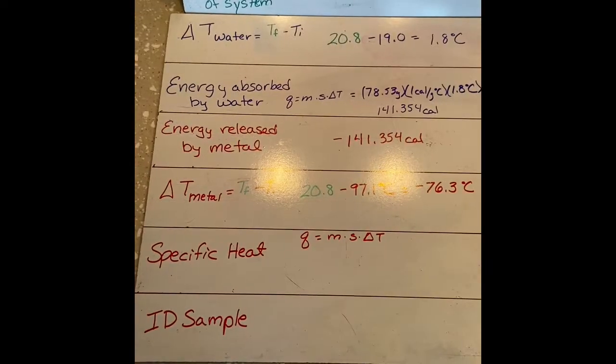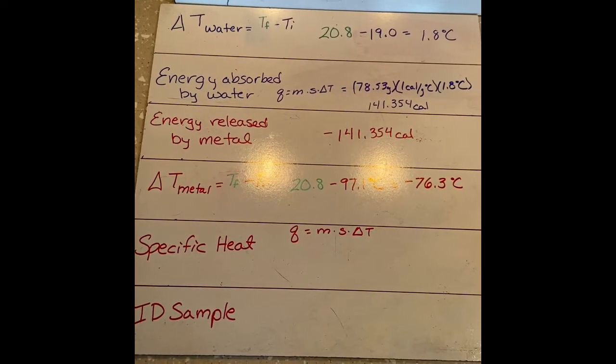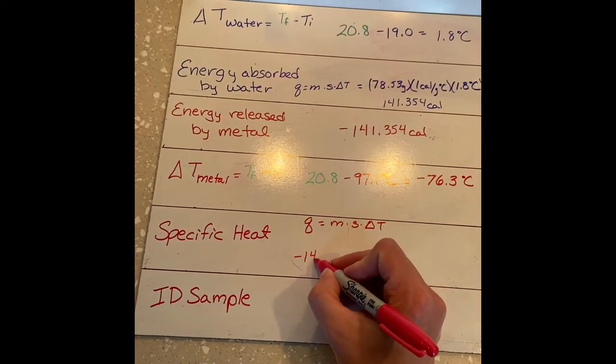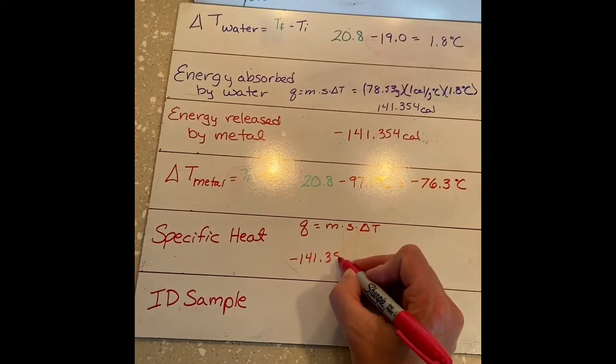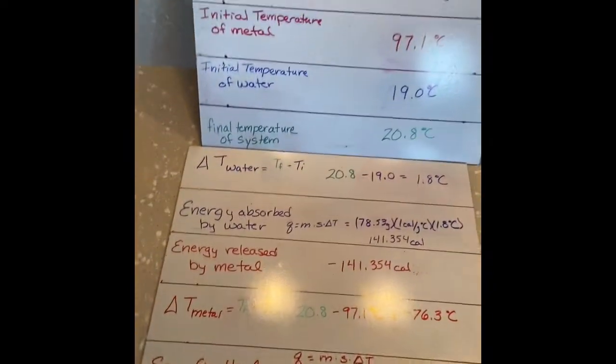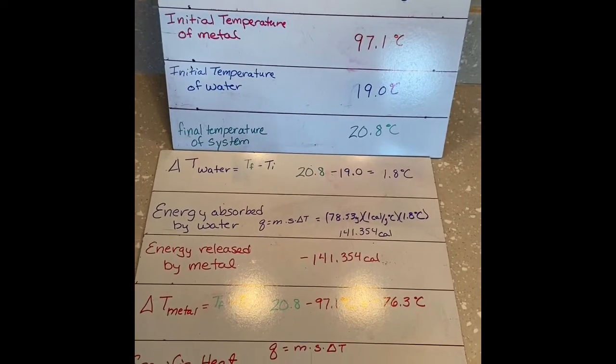To calculate the specific heat of the metal, we will use Q equals m s delta T. We know Q is a negative 141.354 calories. We know that the mass of the metal was 19.08 grams.